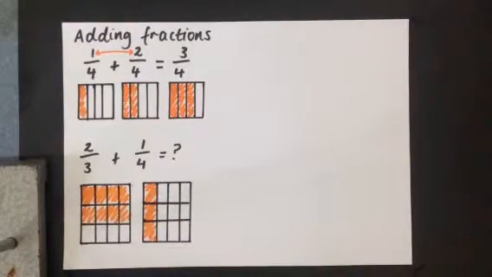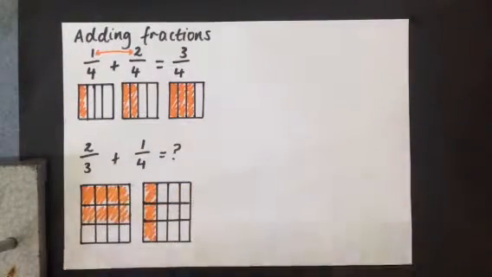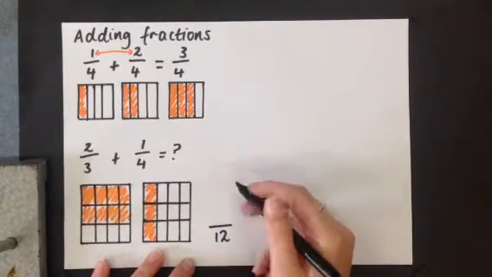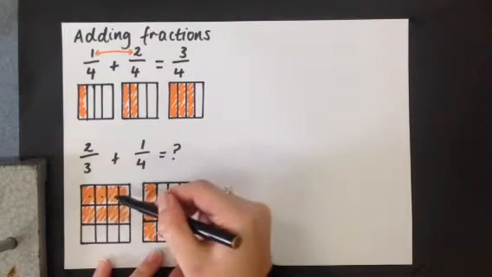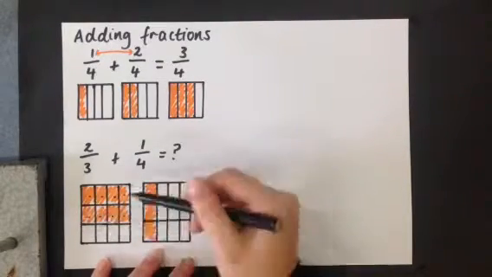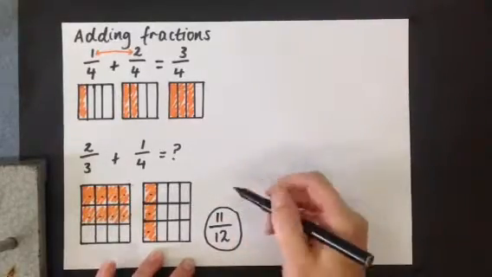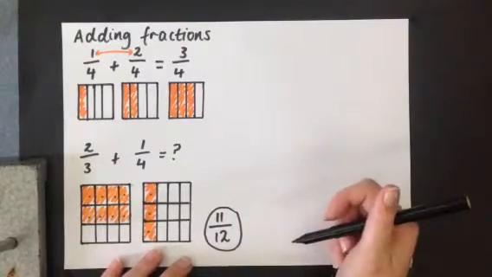So now, both of my boxes are out of 12. So 1, 2, 3, 4, 5, 6, 7, 8, 9, 10, 11, 12. And I can add these together finally. So count how many boxes are coloured in all together. 1, 2, 3, 4, 5, 6, 7, 8, 9, 10, 11. So we're saying that 2/3 plus 1/4 equals 11 out of 12.